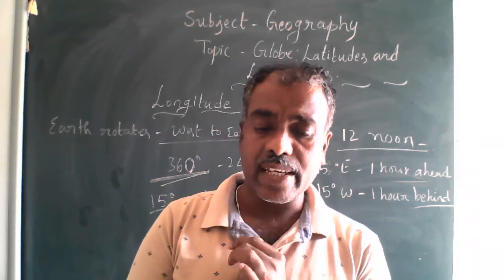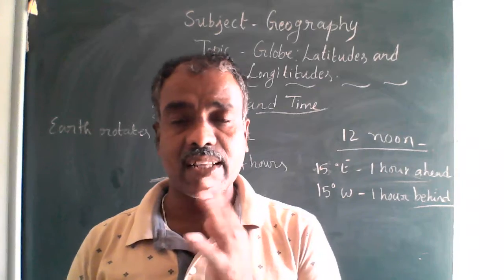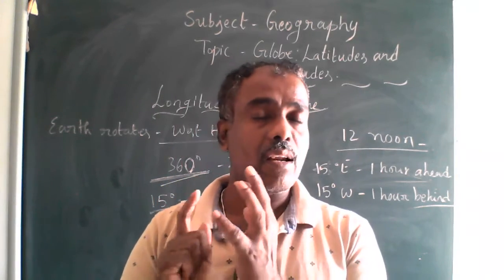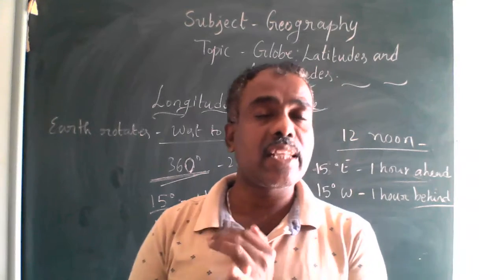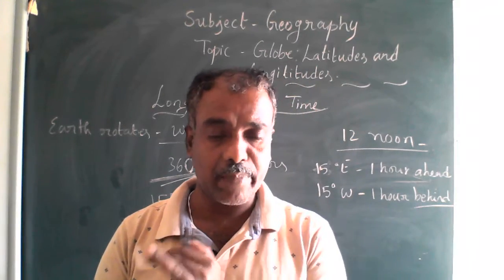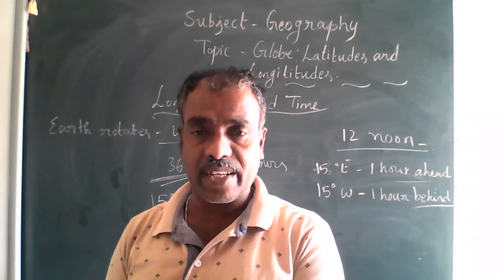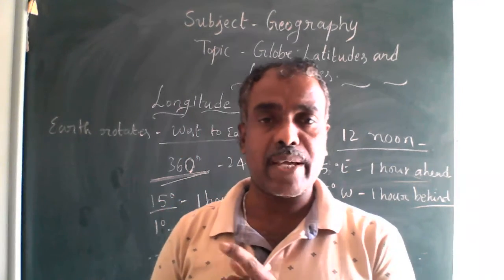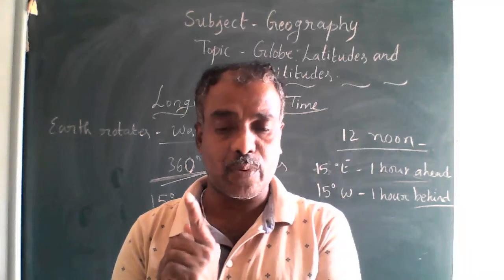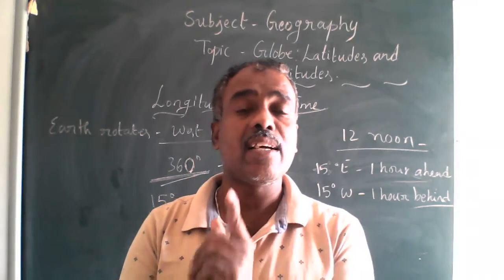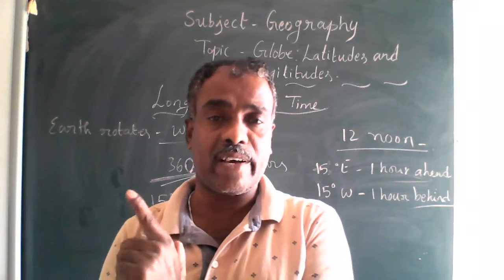So in India, actually, we consider the longitude 82 degree 30 minutes east. That means the 82 and a half degree east meridian, which passes through Uttar Pradesh near Mirzapur. That is considered the standard meridian of our country.